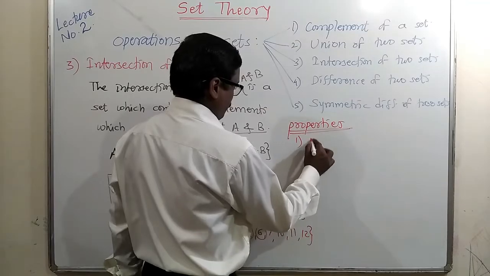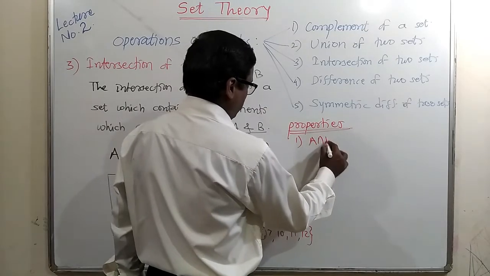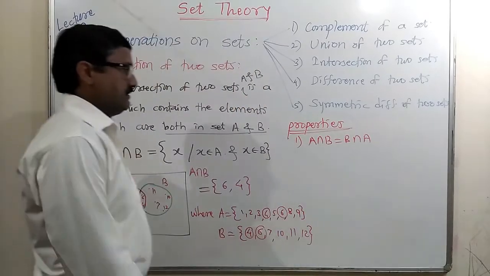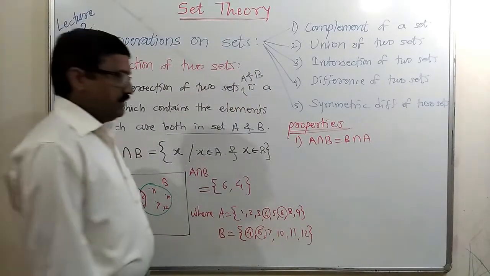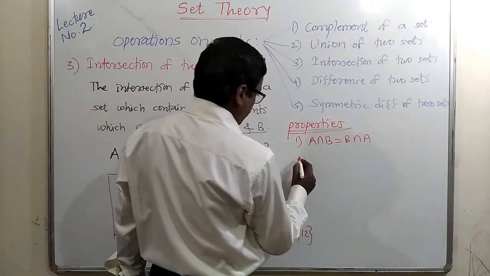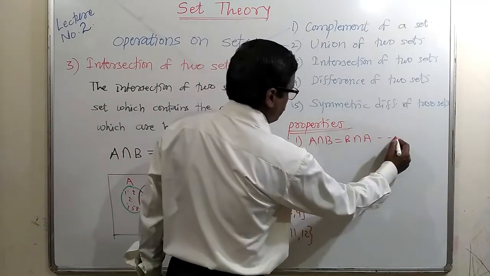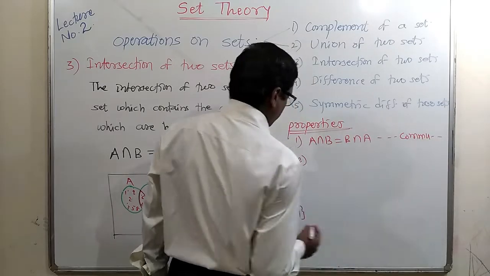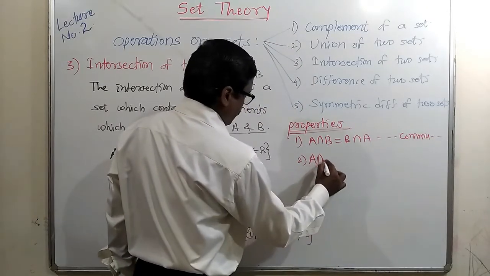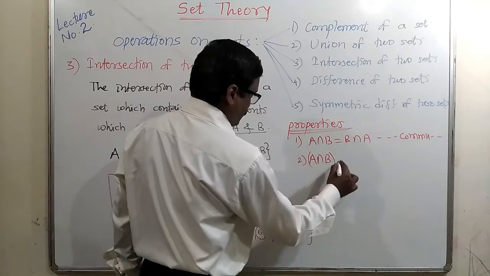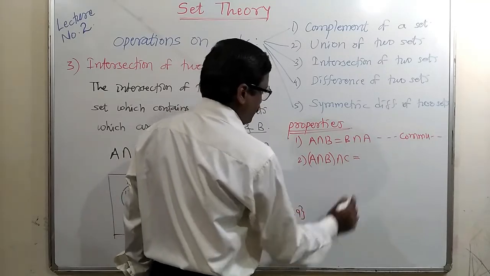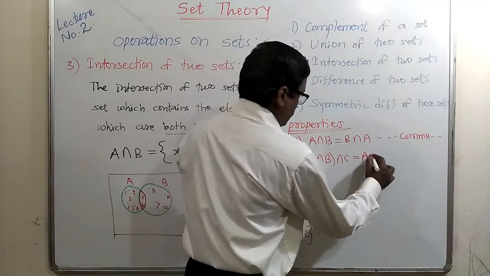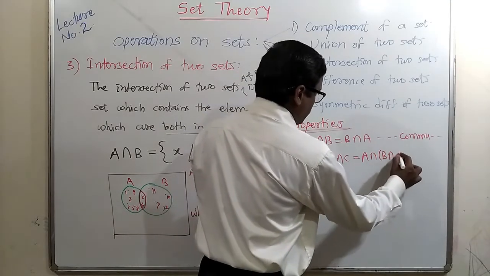First one, that is A intersection B is equal to B intersection A. That is, intersection of two sets is commutative. Then (A intersection B) intersection C can be considered as A intersection (B intersection C).